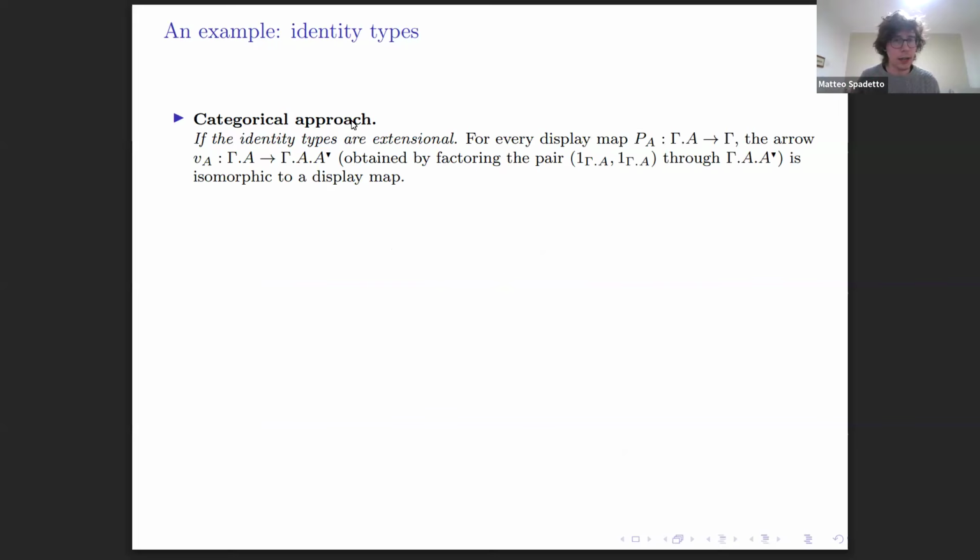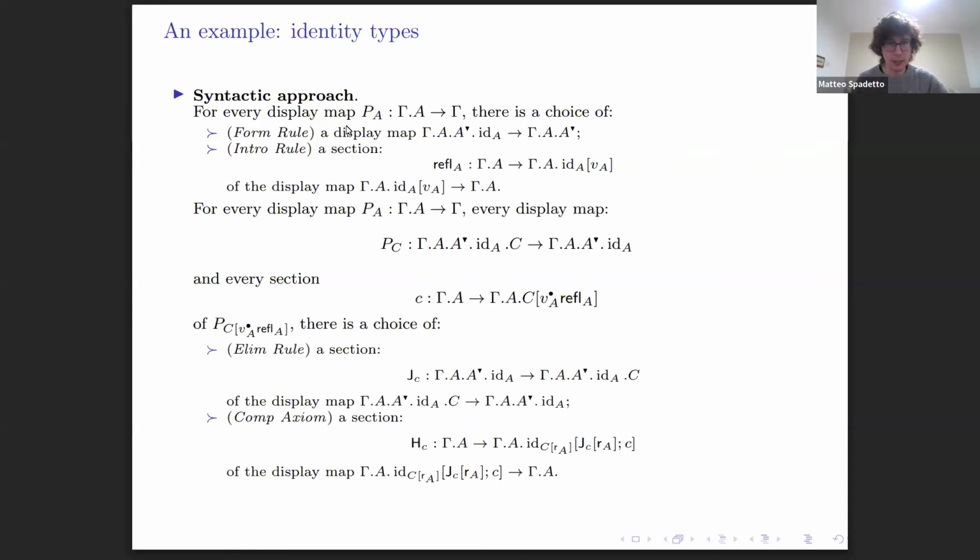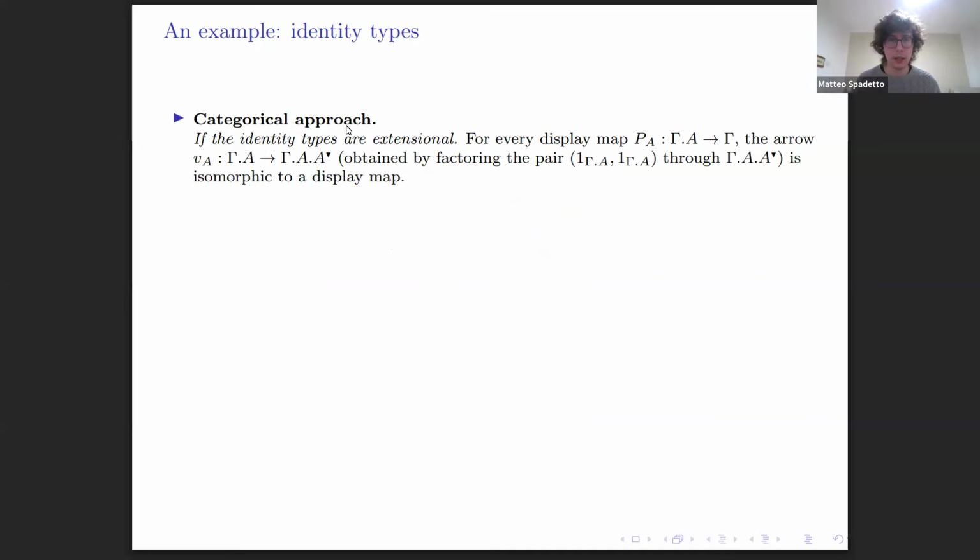While in the categorical approach, we look for properties that characterize such choice functions. In the case when identity types are extensional, to have a model is just to have a display map category where for every display map, the corresponding diagonal arrow, which is the interpretation of the axiom rule, is isomorphic to another display map.